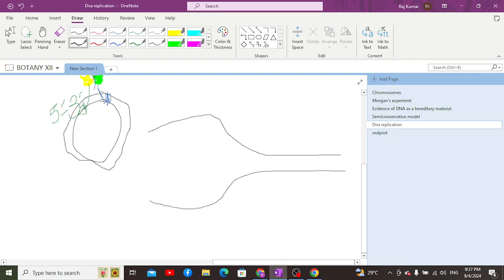Over here this is a strand, running from 5 prime to 3 prime, right? 5 prime to 3 prime. Let me just try to draw the structure.